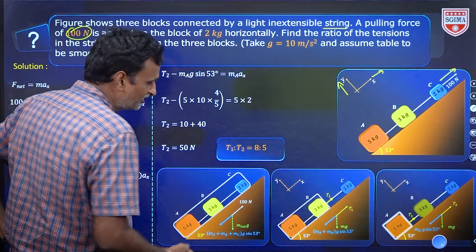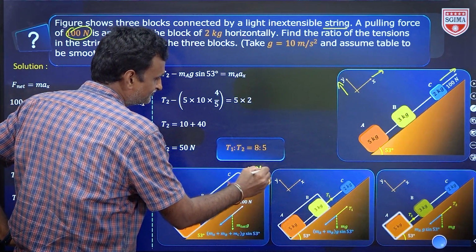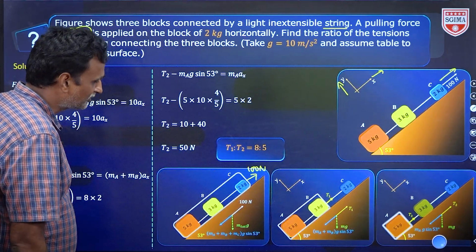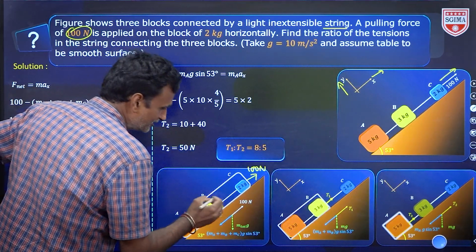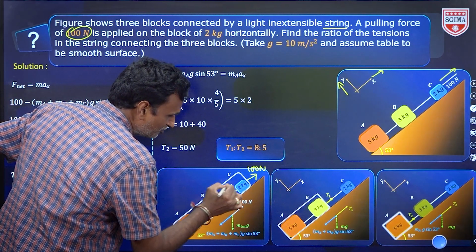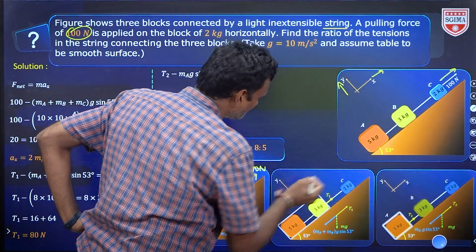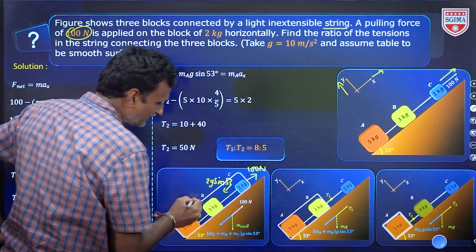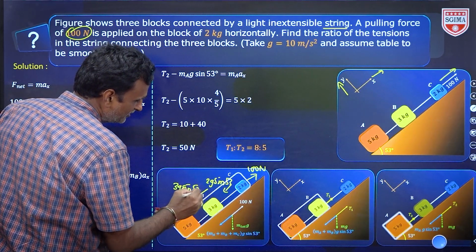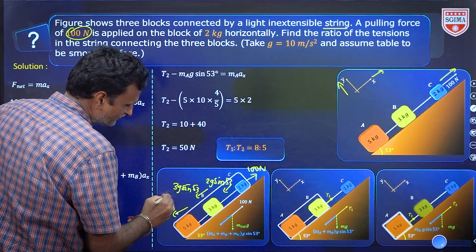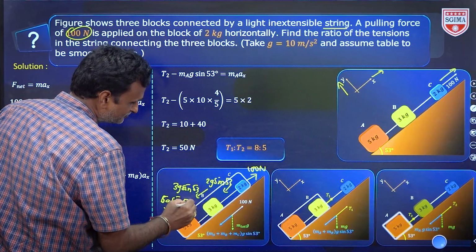And here the upward force, how much is applied? 100 newtons. Okay. So now it is going right side only, 100 minus. Here in this case downward, how much? 2g sin 53, and here 3g sin 53, and here 5g sin 53. Okay.